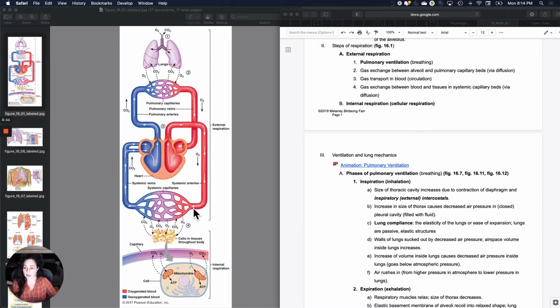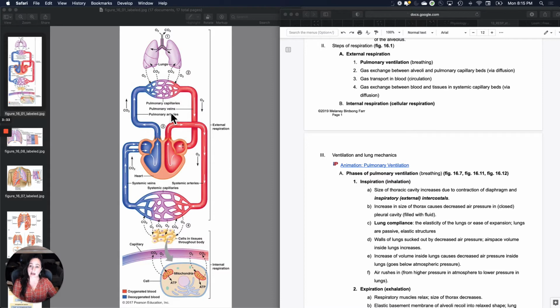And why are we going to do that? Because these cells need oxygen for cellular respiration and generate carbon dioxide via cellular respiration, bringing us all the way back to the beginning of the semester when we started with metabolism. So now we are going to deliver that blood back to the heart and then start the whole thing over again.